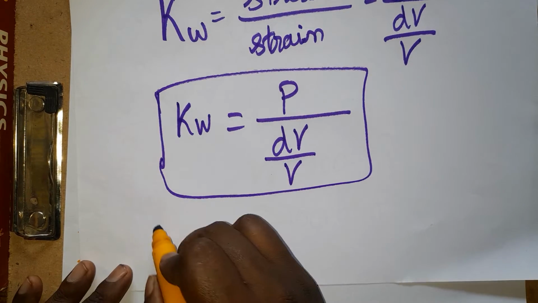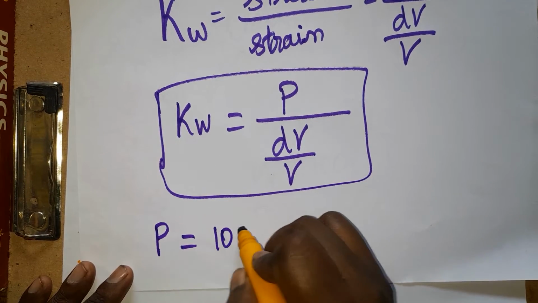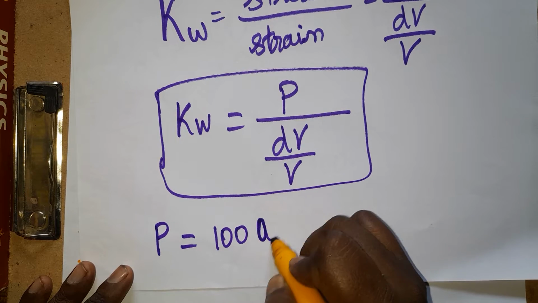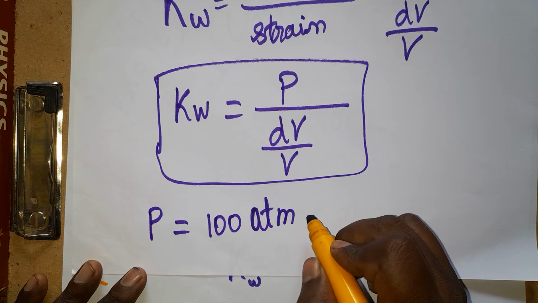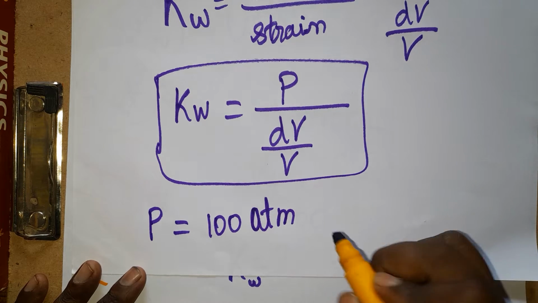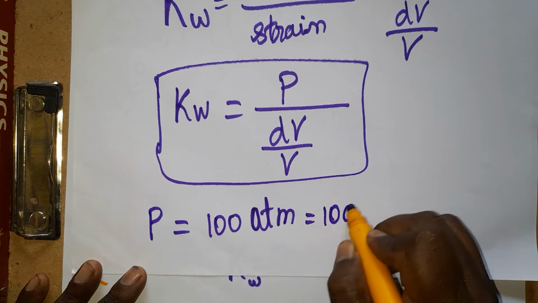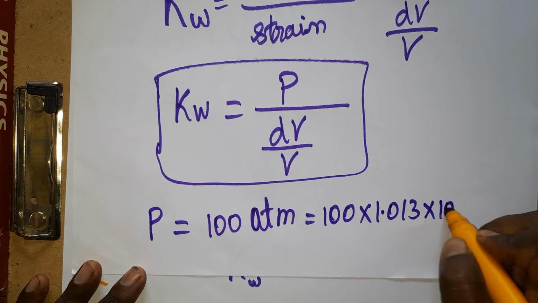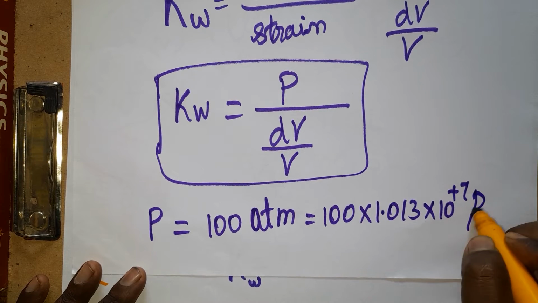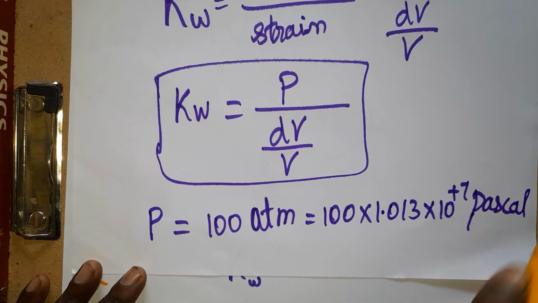Now the pressure is given as 100 atm. 1 atm is how much? Usually you should do the problem in the MKS system, and atmospheric pressure is not in the MKS system. So 100 into 1.013 into 10 power plus 5 pascals, which is the SI unit.